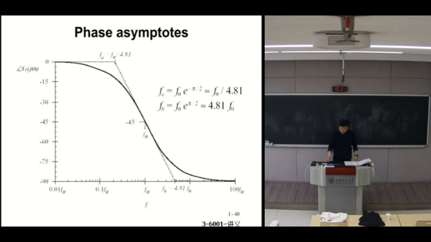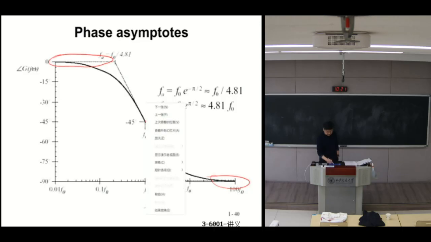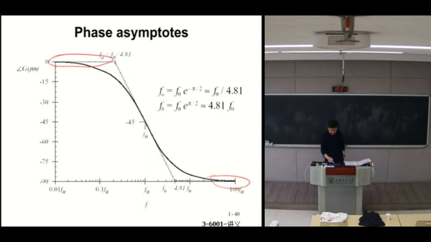One option is to use the low frequency, still this flat line, exactly at 0 degrees, the high frequency part at minus 90 degrees, and in between we use a third section of straight line, which is the tangent line of this point. This point is exactly located at F0 and minus 45 degrees.